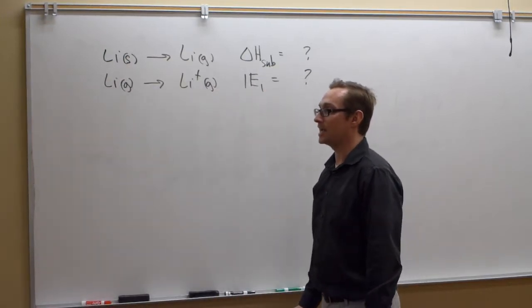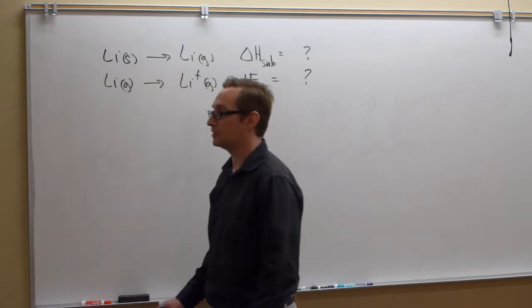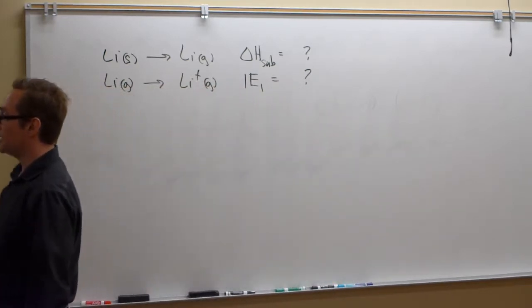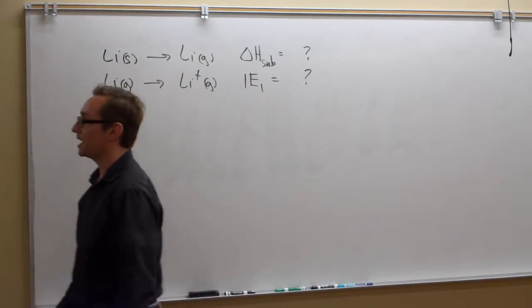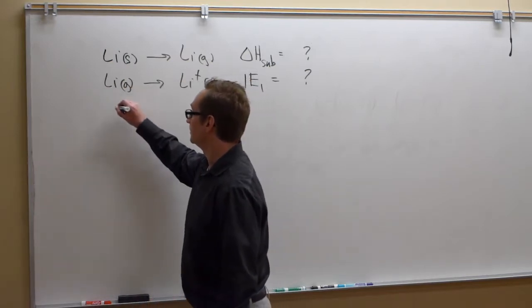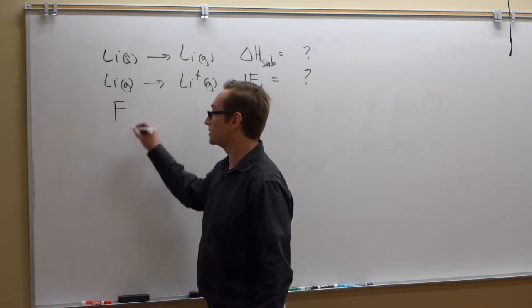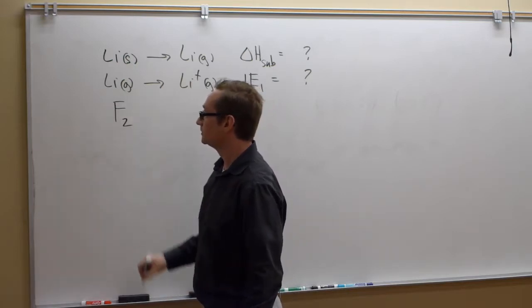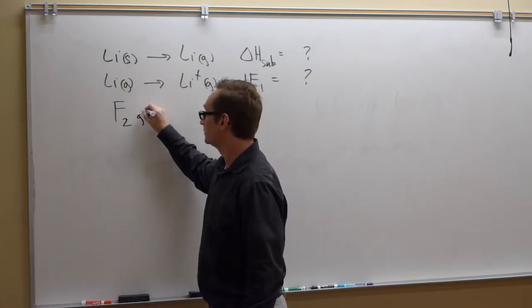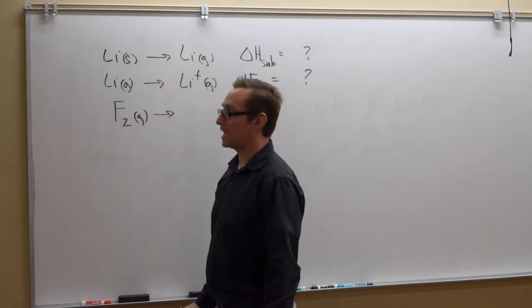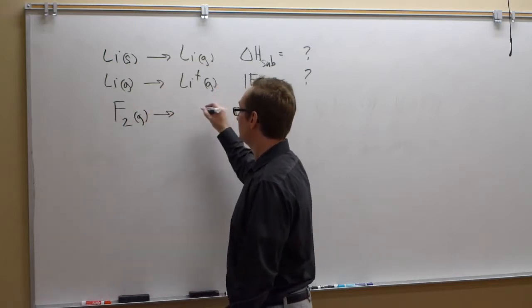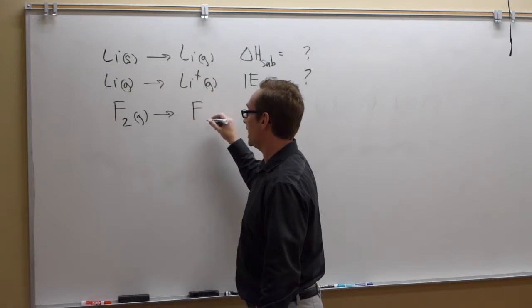We don't, because it's an alkali metal, they always form just +1 ions. What about the fluorine? Before we ionize it though, what do we have to do? Because it's a diatomic element, what has to happen to it? Yeah, we have to make it into an atom.